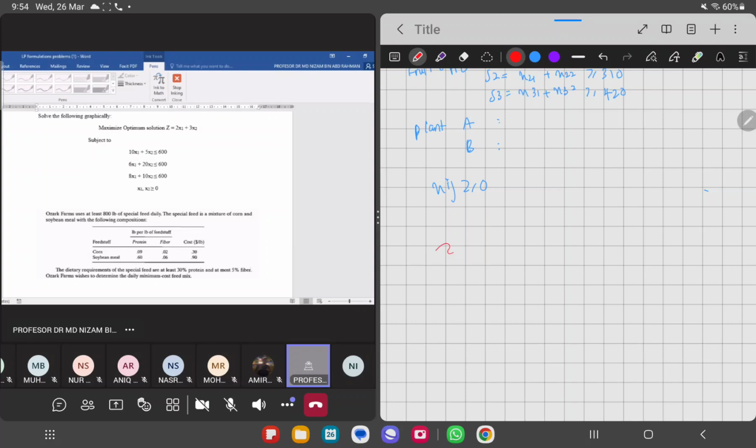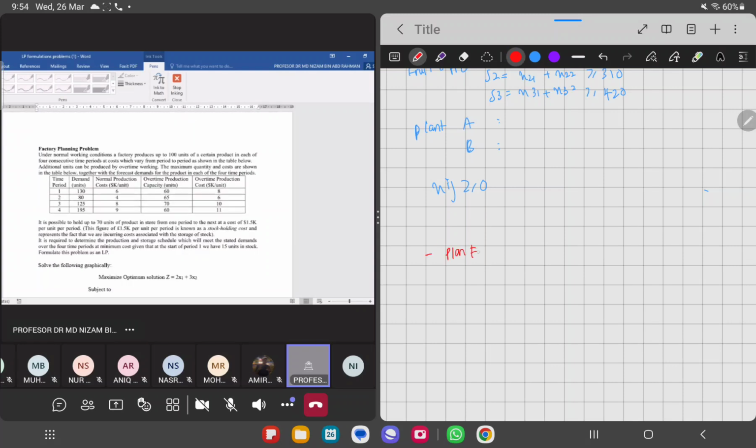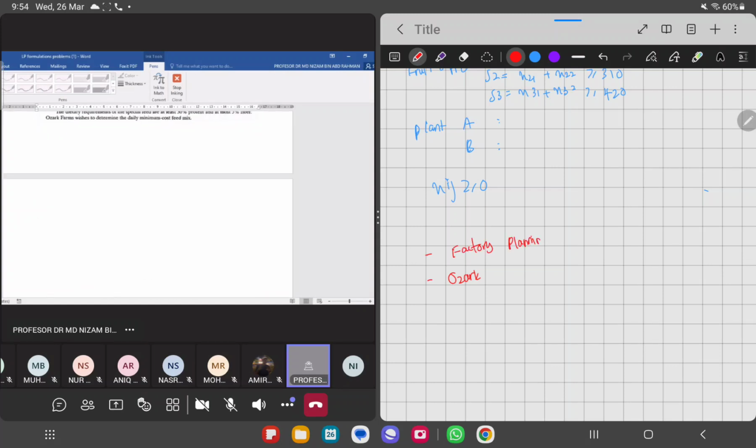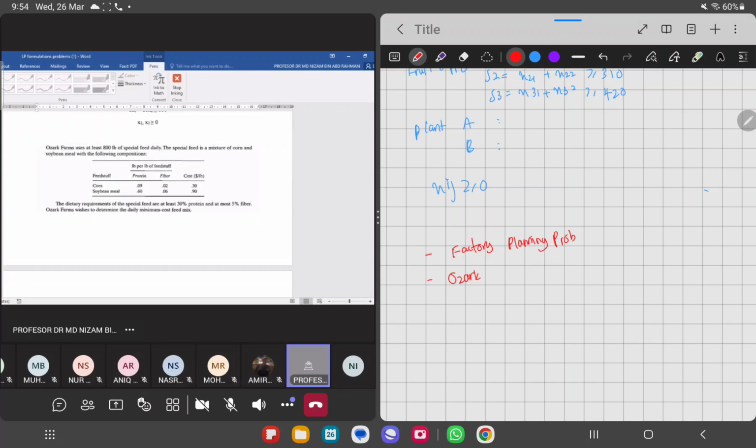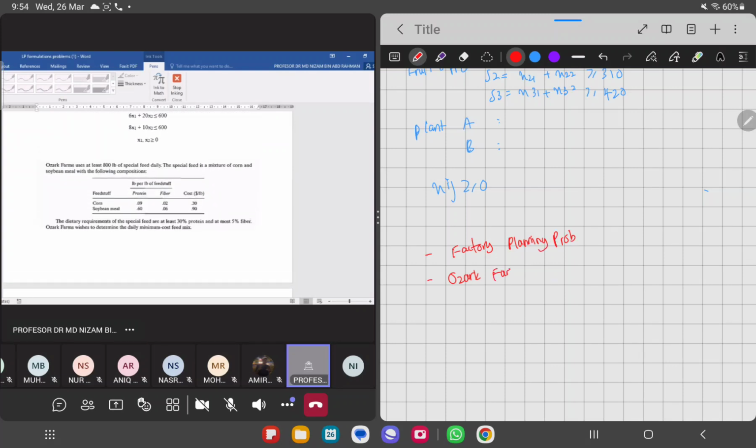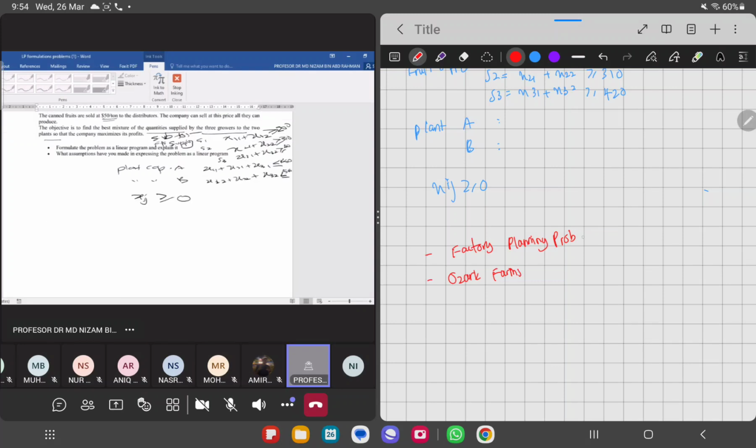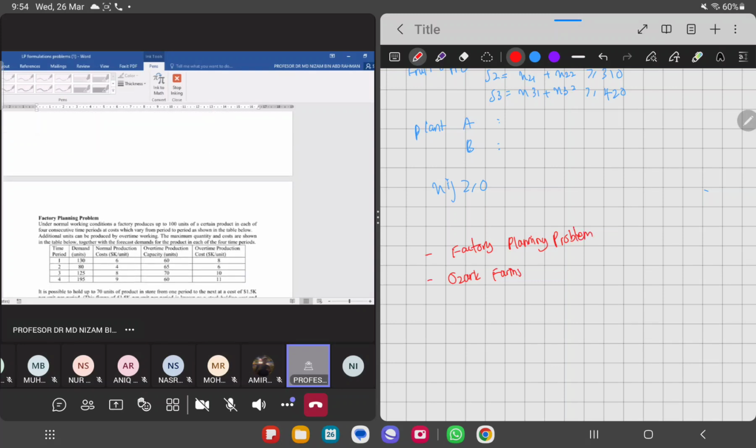These two problems, look at them, and we're going to develop the linear programming model. So look at this factory planning problem and this feed mixture problem, go through them, and on Friday we're going to discuss. Okay.